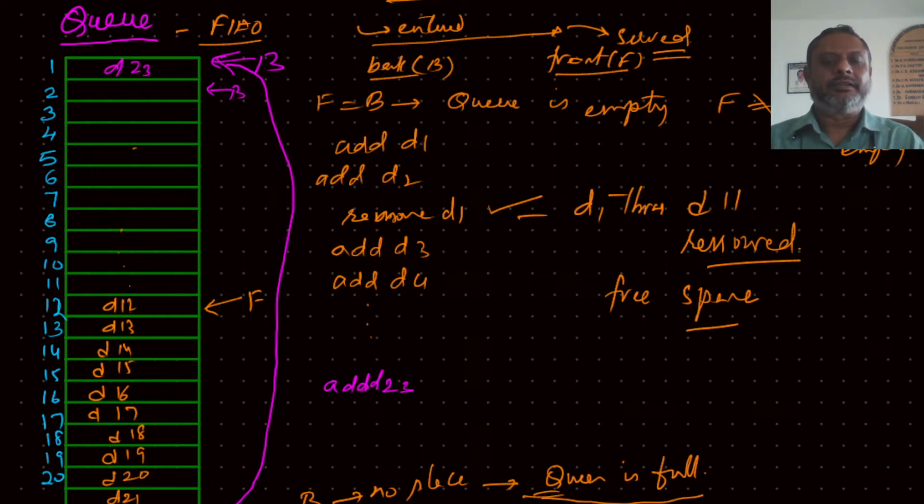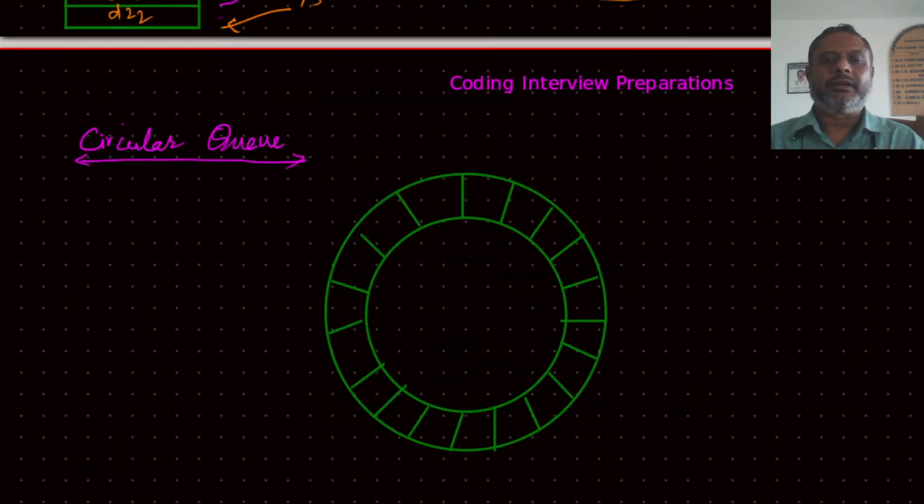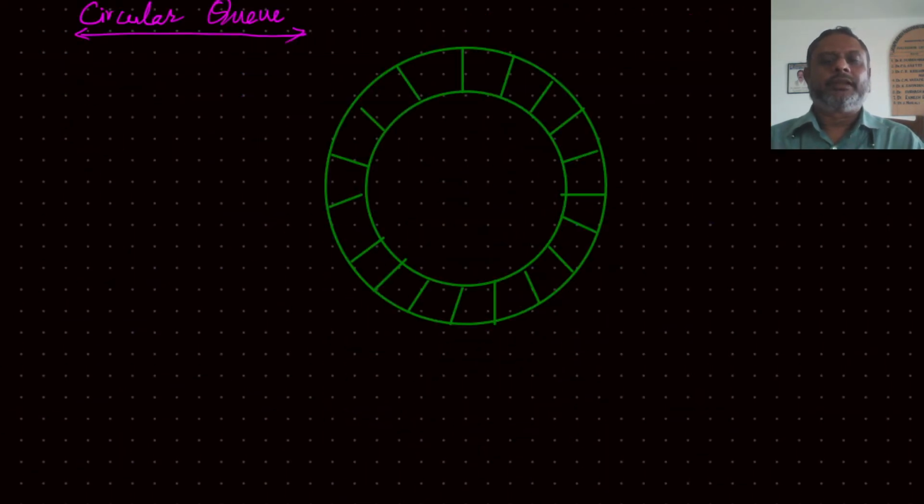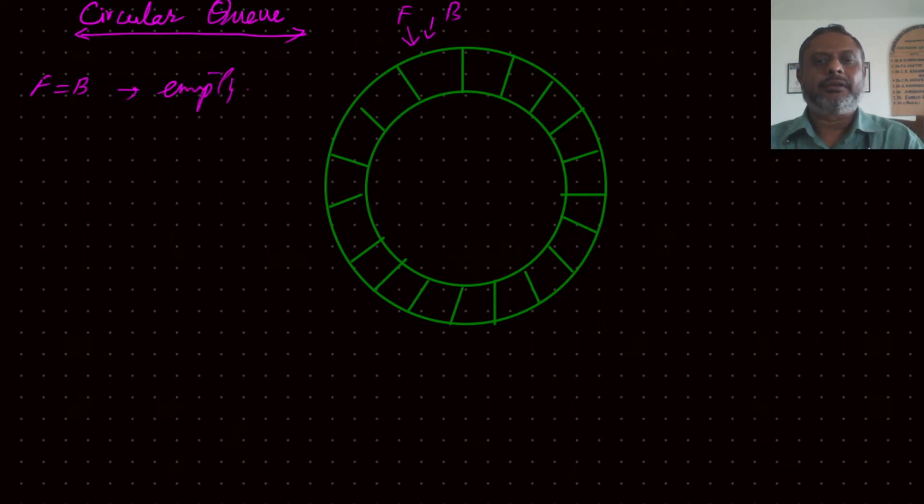That means a circular arrangement. Yeah, that's the circular queue we are talking of. So when we begin, the front and back are at the same place. If front and back are the same, it means the queue is empty.